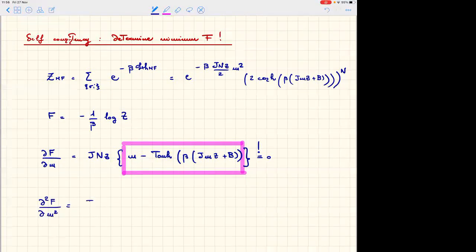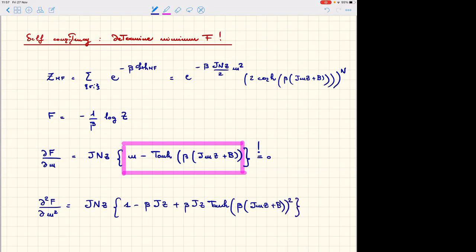This is equal to J N z times 1 minus beta J z plus beta J z tangent hyperbolic of beta (J m z plus b) squared.